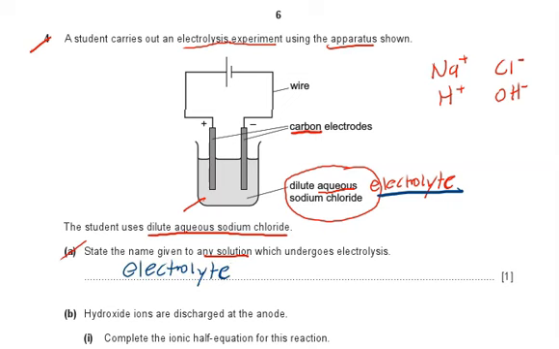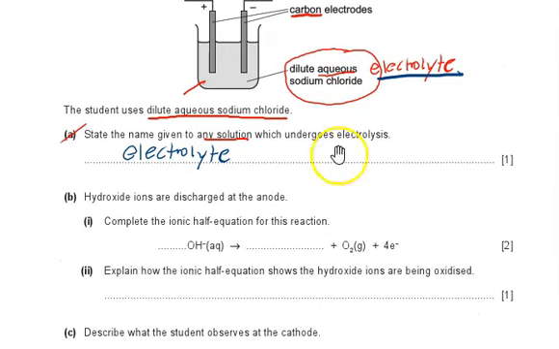Okay, now what is the next question? Okay, hydroxide ions are discharged at the anode. Okay, when they are discharged, complete the ionic half equation for this reaction. Okay, remember, when you have a hydroxide ion being discharged, it must release water and oxygen.